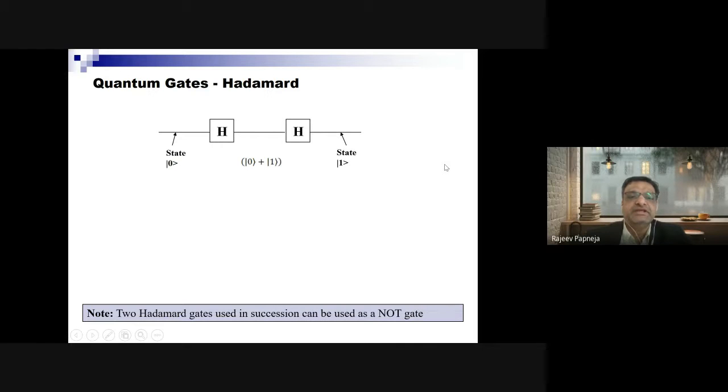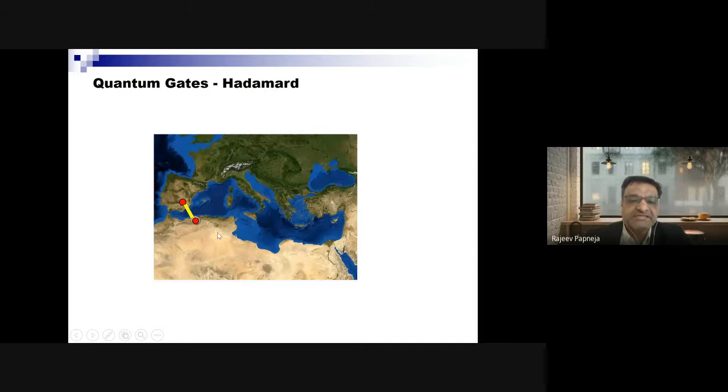This is actually what the Hadamard gate does. It removes all that complexity of going, and it creates many paths which are superposition states, and those superposition states help you go from here to here through ship, through plane, through boat, and also through land. It gives you all different states.